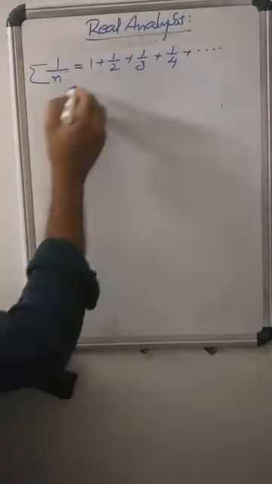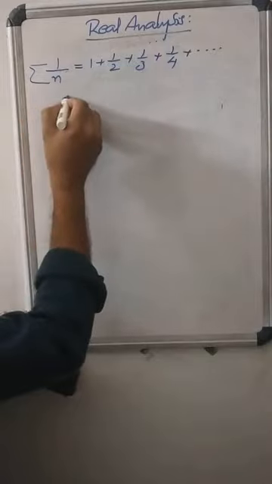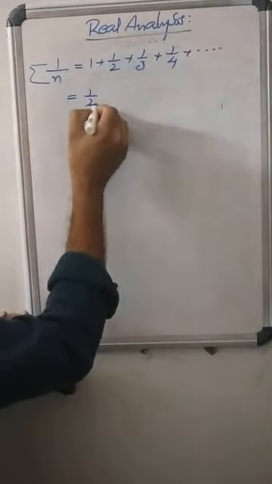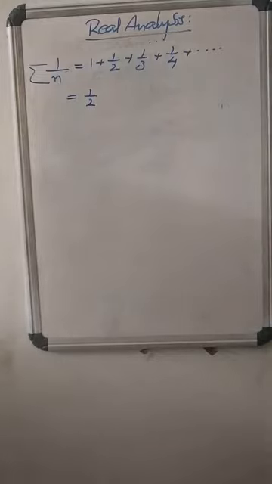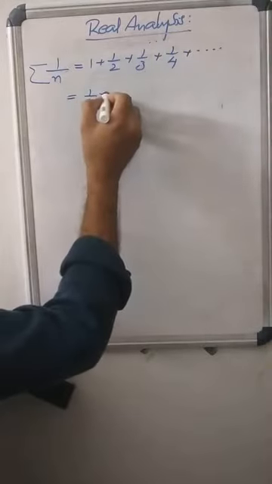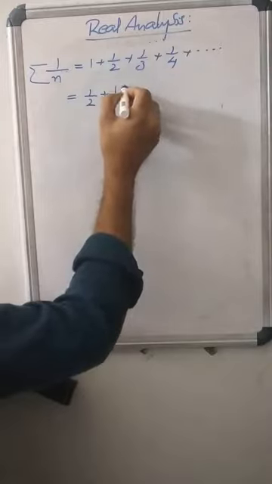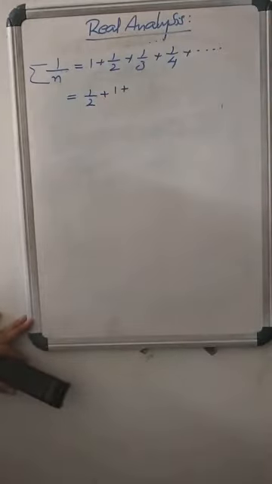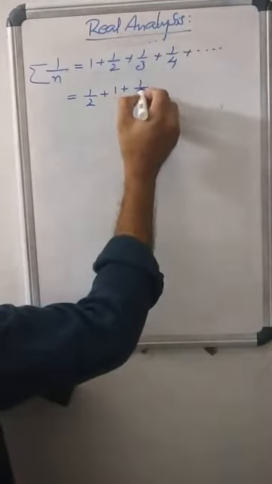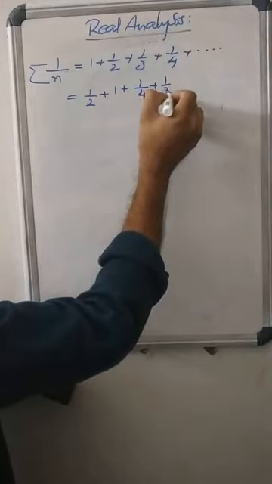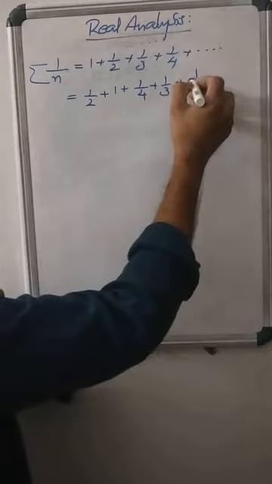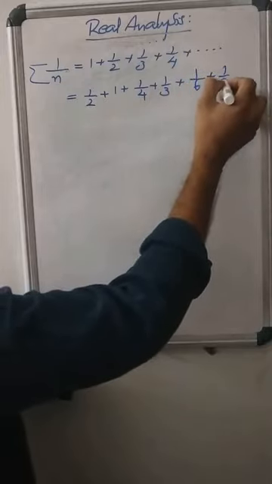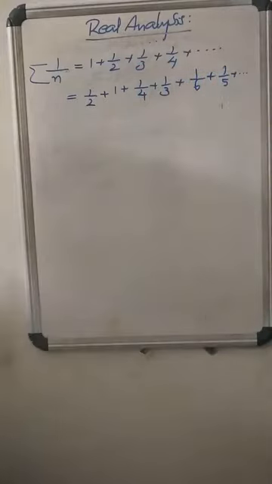The elements are fixed, but the order is scrambled. It is 1 by 2 plus 1, plus 1 by 4 plus 1 by 3, plus 1 by 6 plus 1 by 5, plus, etcetera.